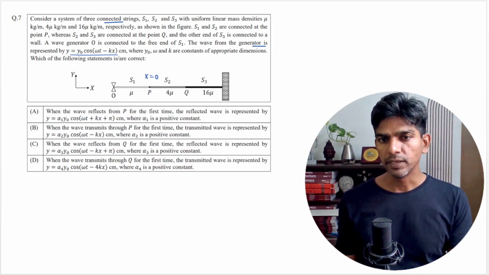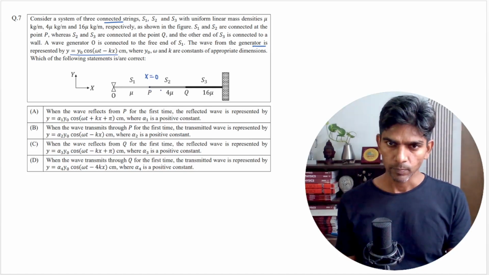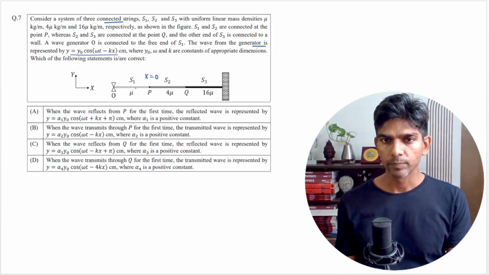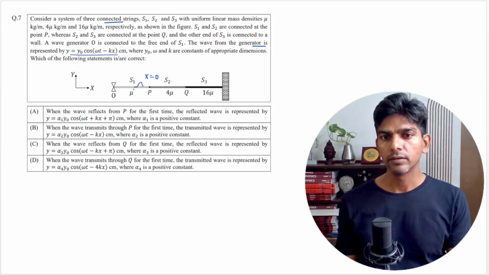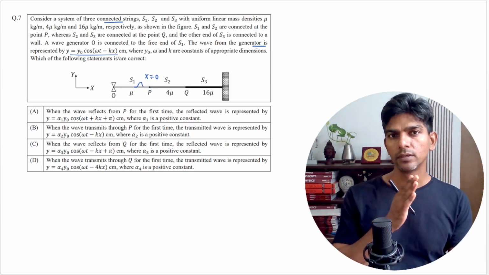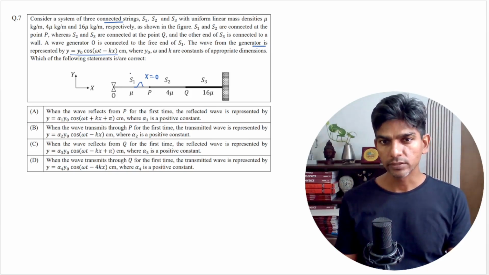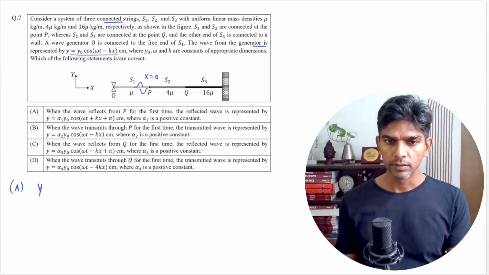So if we consider P as the origin, and a pulse is coming and the PQ string is heavy, we know that when a wave goes from a rarer to a denser medium, the reflected pulse will be out of phase, so the reflected pulse will look like this.